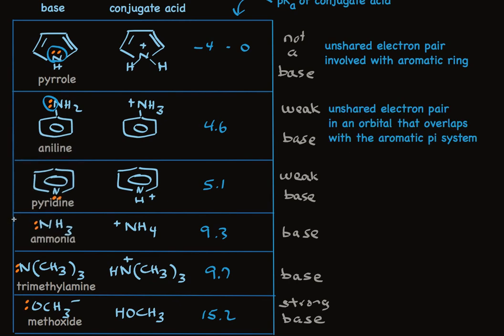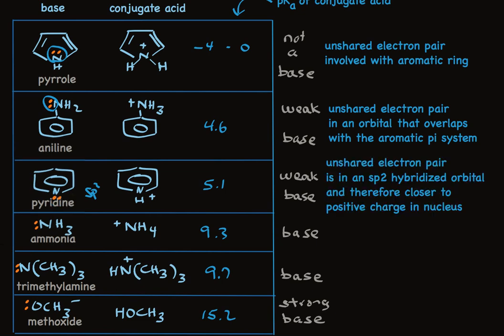What about pyridine? That unshared electron pair is not needed for the aromatic ring and can't overlap with it because it's orthogonal to it. But this pair of electrons is in an sp2 orbital because nitrogen is sp2 hybridized. As a result, it's in an orbital that's closer to the nucleus. It has more s character. Nucleus has positive charge and holds the electrons tighter. The unshared pair in ammonia and trimethylamine is held by the less electronegative nitrogen, so it's not held as tightly.